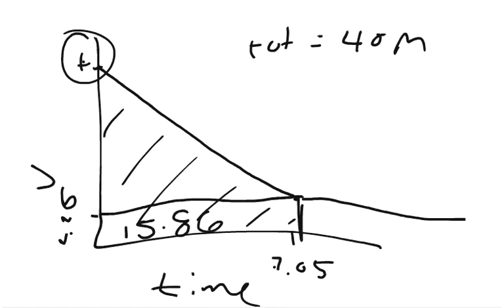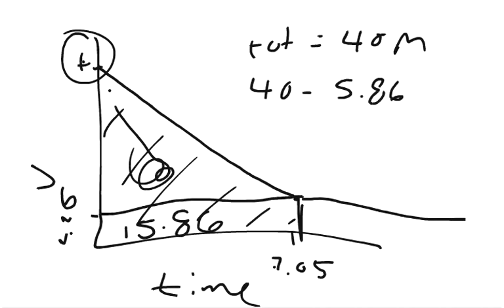So if I know that my total is 40, then the area up here is 40 minus 15.86, which is 24.14 meters. And so the question is, what kind of math can I use to express all of this area in terms of the final velocity?